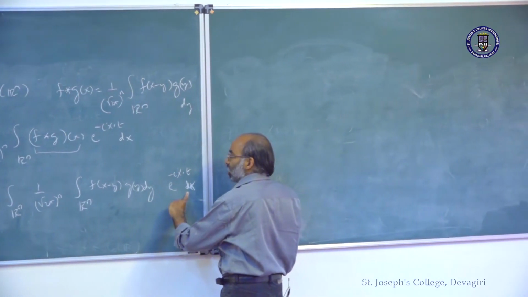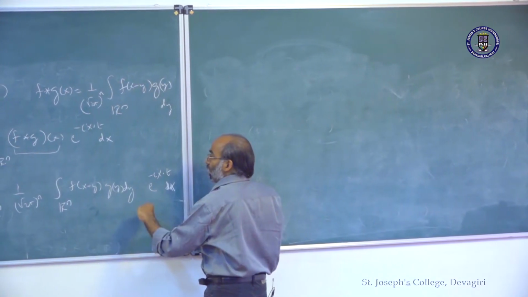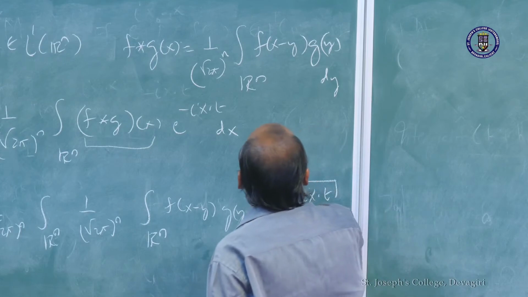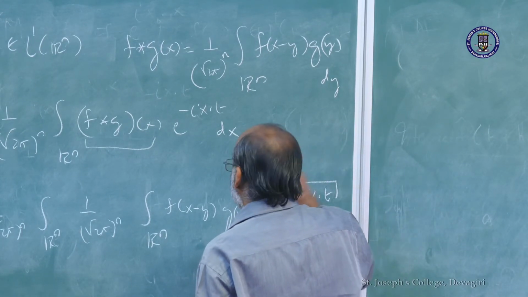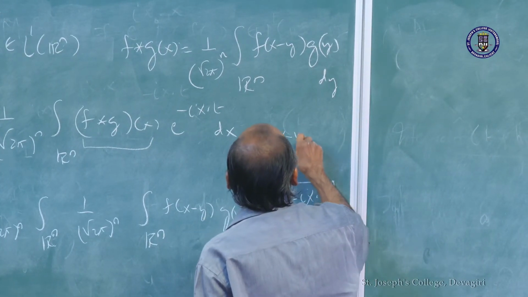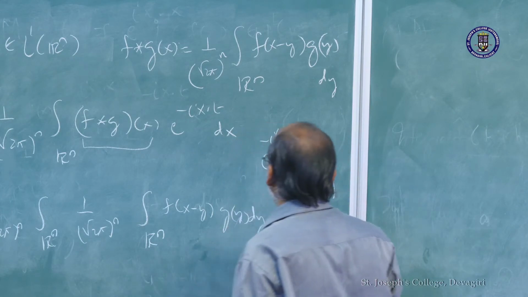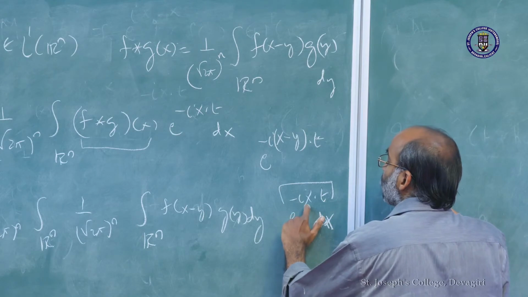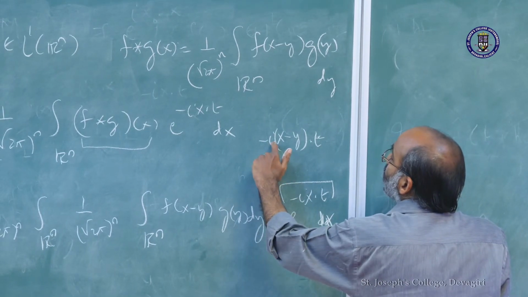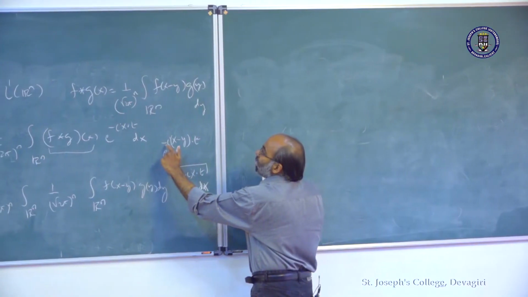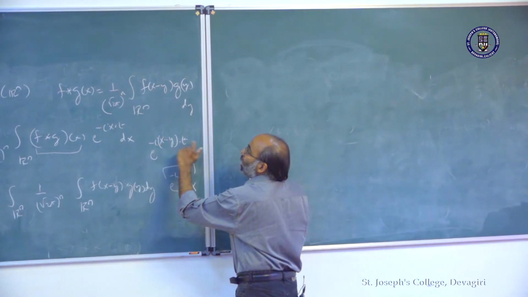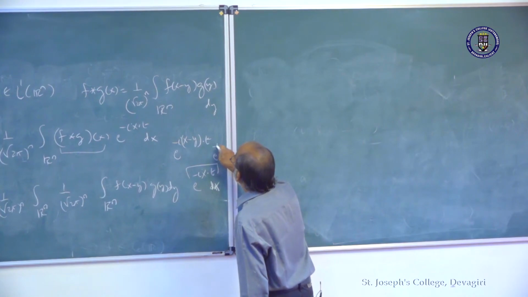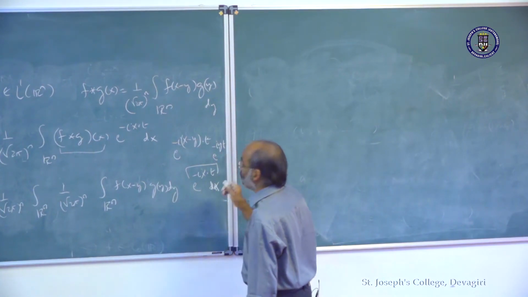If I want to integrate with respect to x, let's write this as e to the minus i (x minus y) dot t, since I have an x minus y here, and cancel whatever I have added. So I have e to the minus i x dot t, but there is an i y dot t extra, so I cancel it by e to the minus i y dot t.